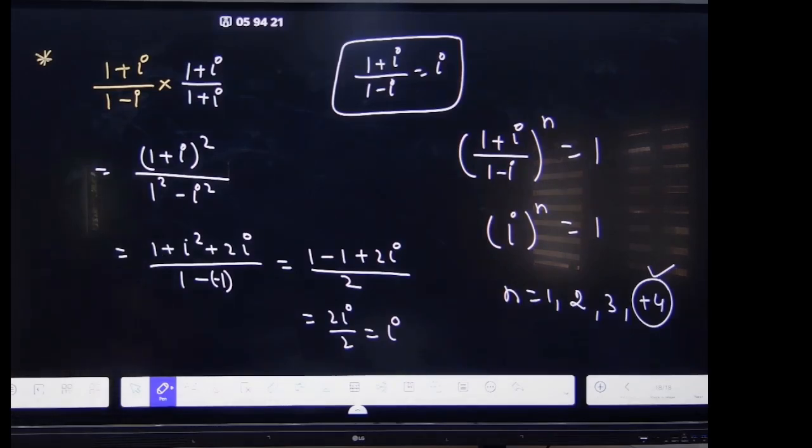Sixteenth one, you tell me what is the answer? 16th. Did you get the answer? 1. Fine, fair.